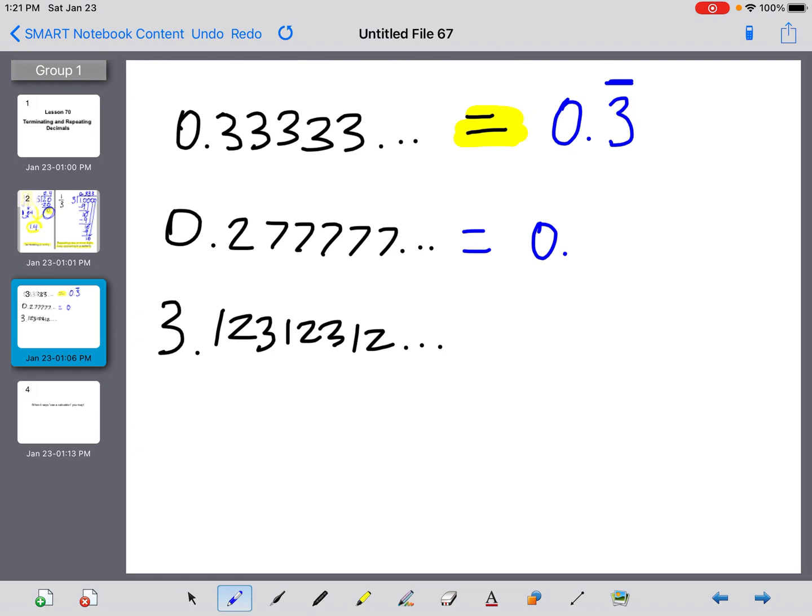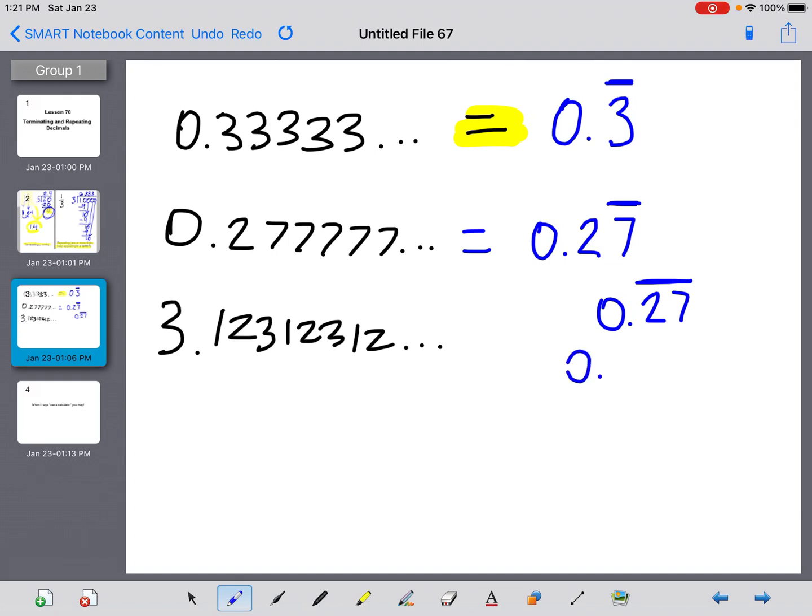Well, you could rewrite that as 0.2, and since the 7 is the number that repeats, you put the bar above the 7. Now here's a word of warning. Be very careful that you don't accidentally put the bar above the 2 and the 7.